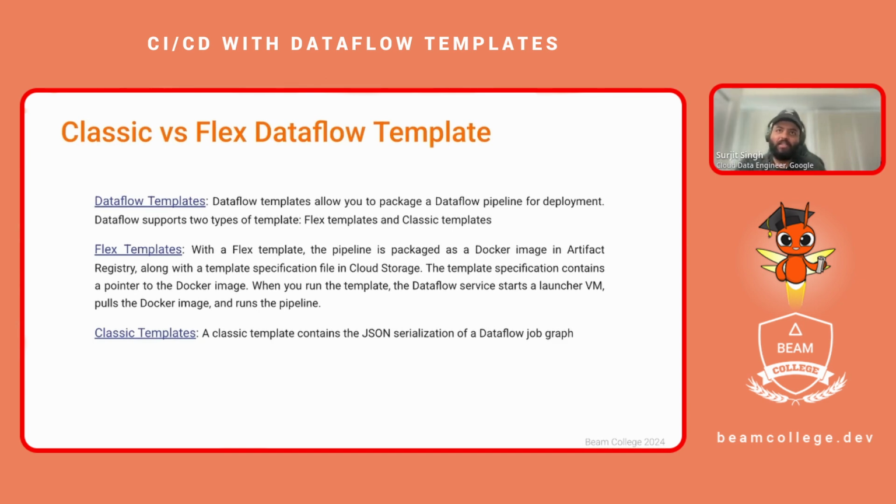In that case, they use a Docker image, download all their packages in their CI/CD process, and deploy the Dataflow job. Since your Dataflow is restricted from going via the internet, it cannot fetch PyPI packages or whatever packages you want. With a classic template, when Dataflow launches, it says, okay, I got the Dataflow graph, I need these libraries, and I try to get them from the internet. So that's a major difference.